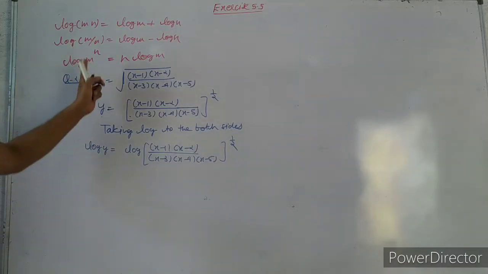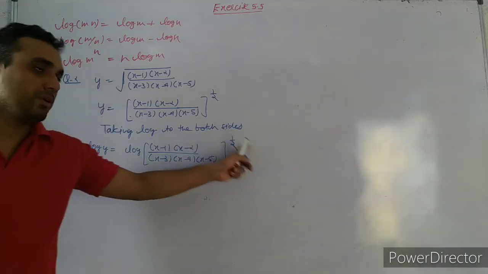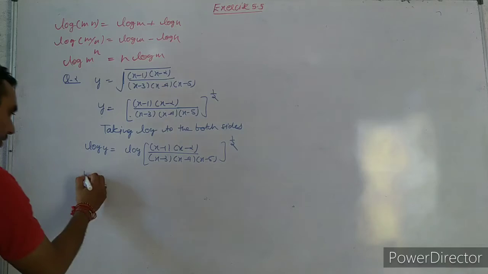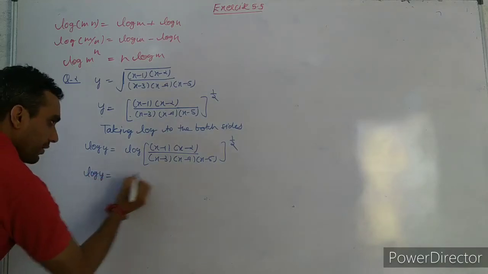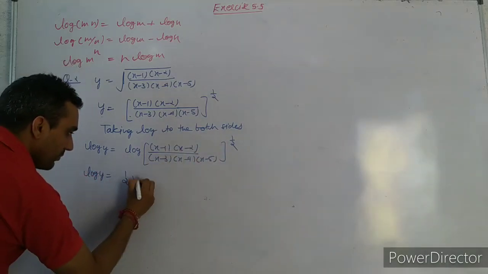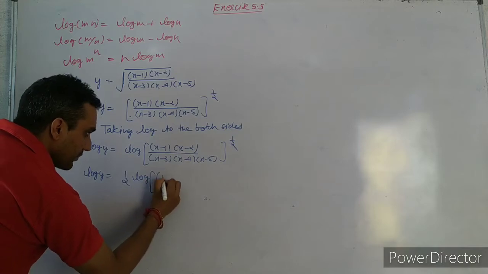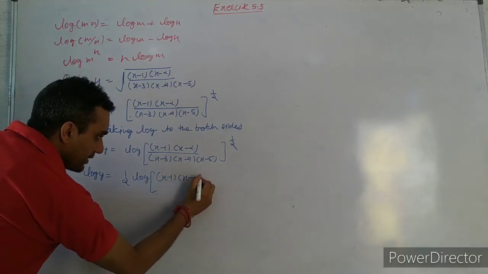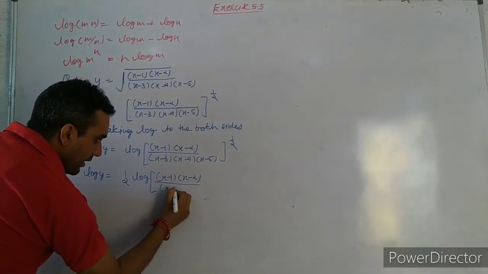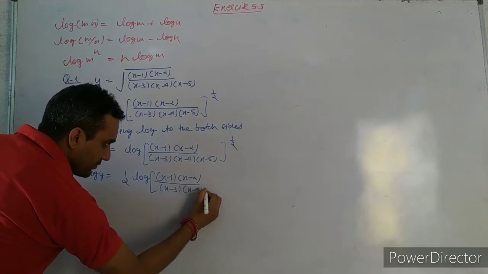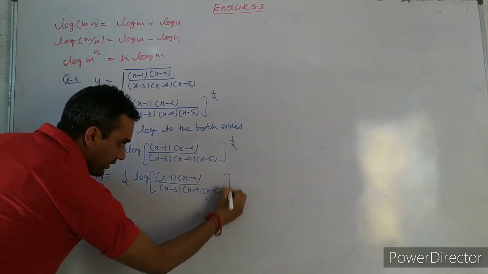And we have log m to the power n, so this will give me log y equals, this 1 by 2 will come in front of the log of (x minus 1)(x minus 2) upon (x minus 3)(x minus 4)(x minus 5).